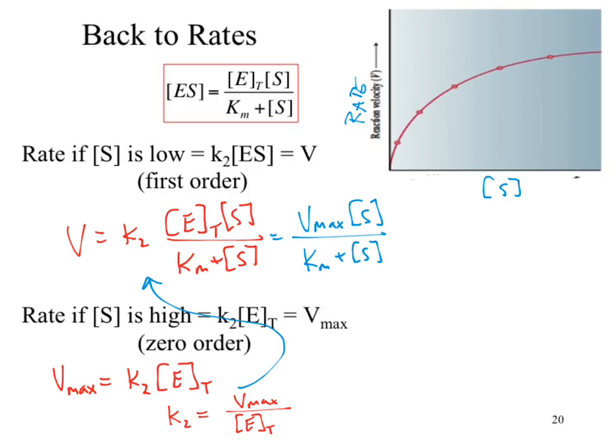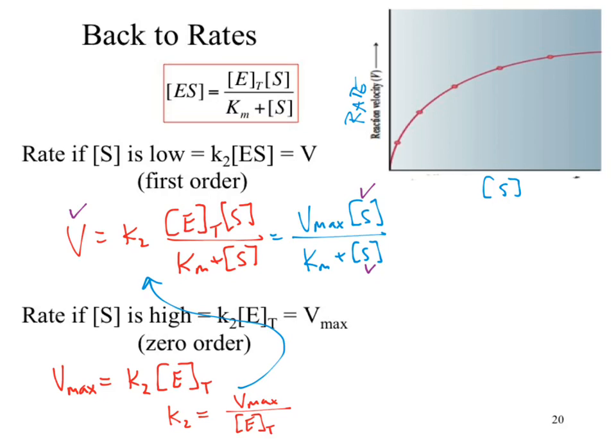Which means, can I determine the rate for my reaction? Yes. I can determine V. And I can determine V when I know the substrate concentration, because I put those in. So the substrate value is known. V is known.